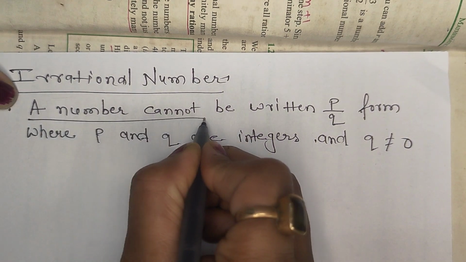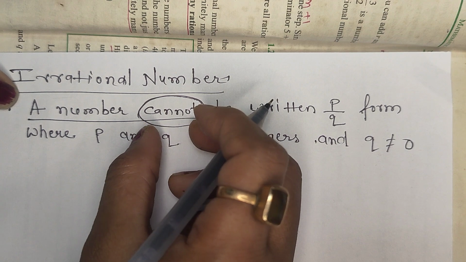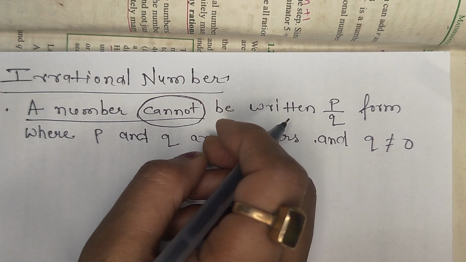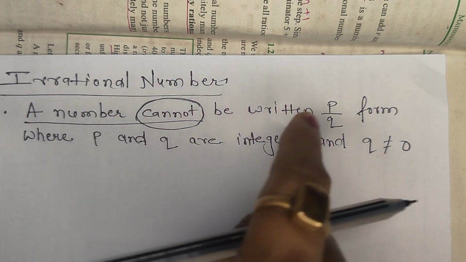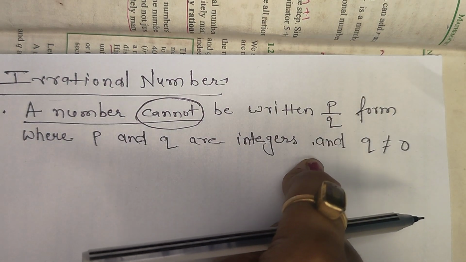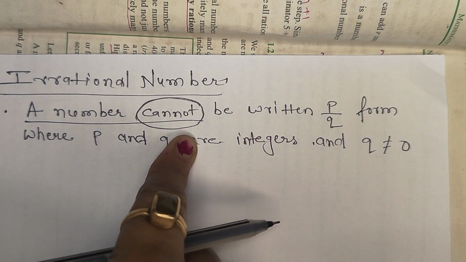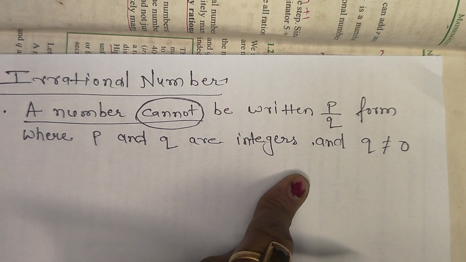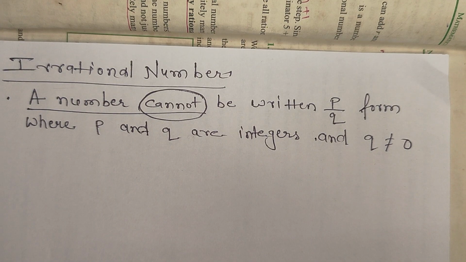This cannot is different from rational or irrational number. Rational number we can write in p by q form, but irrational number we cannot write in p by q form. Okay.